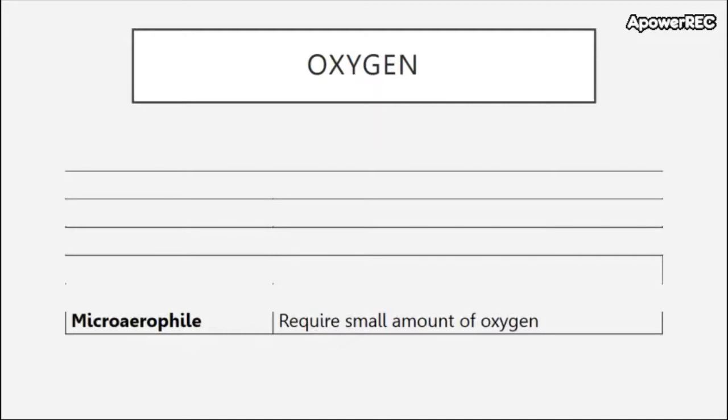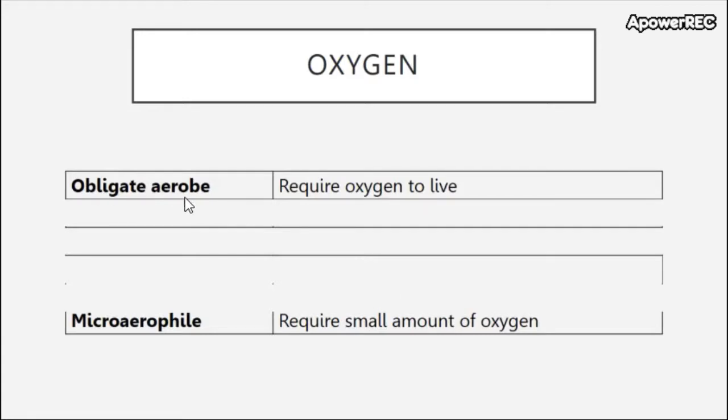Okay, eventually we would get to this. Let's discuss oxygen requirements now. So we have a lot of different types of microbes based upon their oxygen requirements. Microaerophiles are organisms that require just a wee bit of oxygen in order to do some sort of cellular processes.